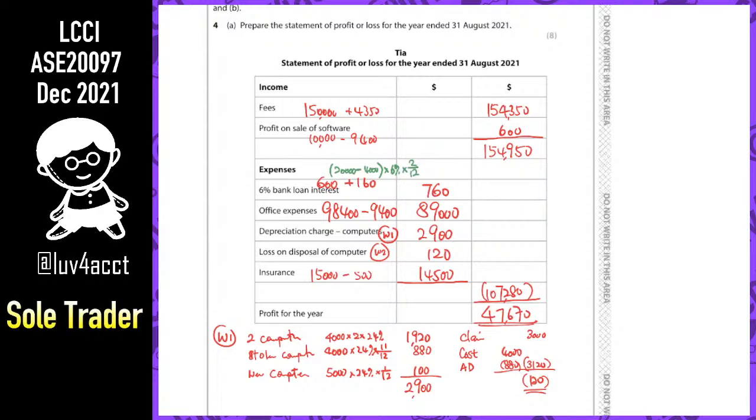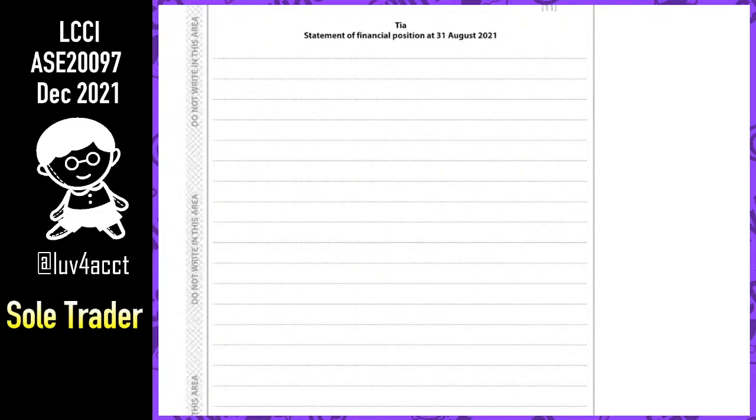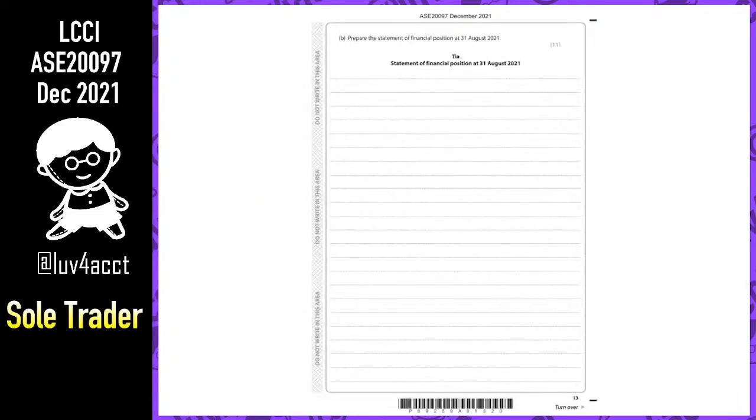Next part, statement of financial position. Again, I would draw the whole format first, because you need a lot of logic.